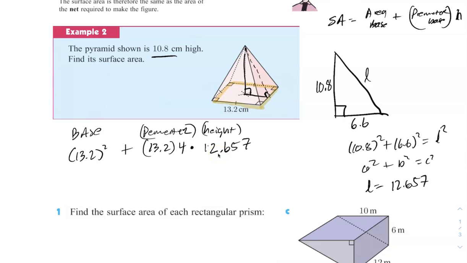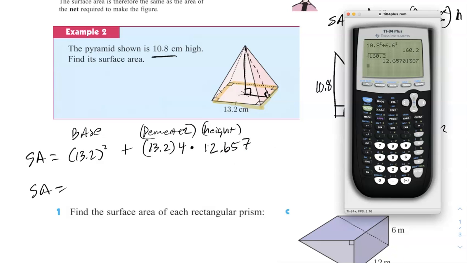So my surface area is, let's simplify all this. It's going to be this guy, the side height, times the perimeter, which is 13.2 times 4, because there are 4 sides. I just add them all up, so 13.2 times 4 is the easiest way to do that.